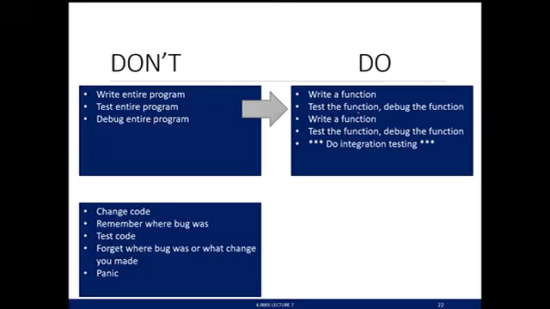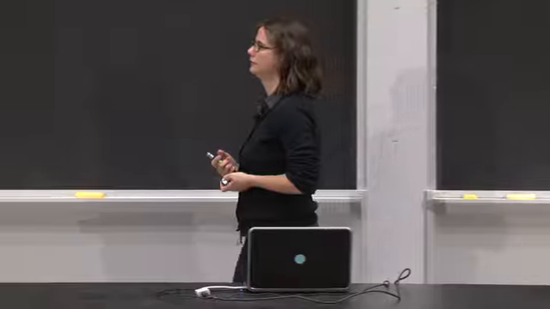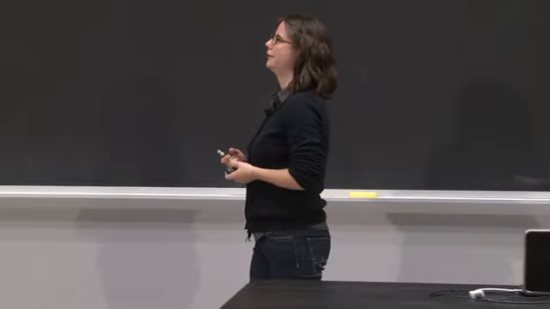So if you have a version that almost works, don't just modify that, maybe save a copy. You've got terabytes of memory on your computer. It won't hurt to just make a quick copy of it. Document maybe what worked and what didn't in that copy, and then make another copy, and then you can modify your code. Okay.